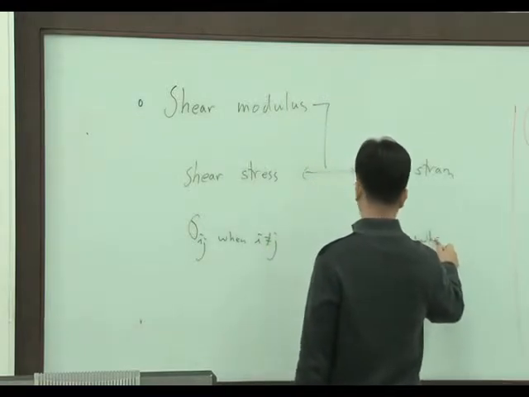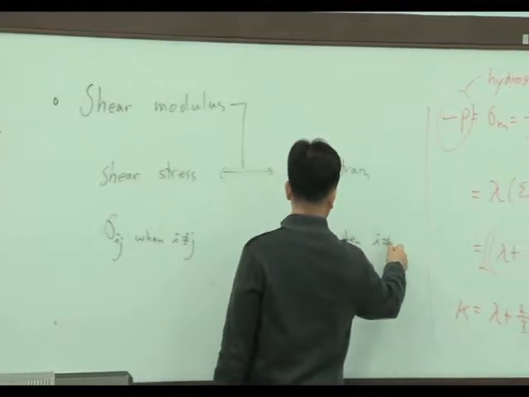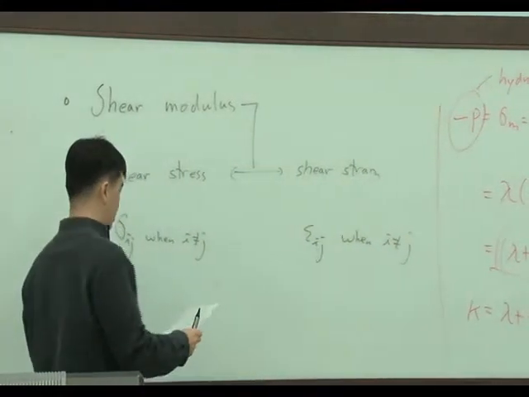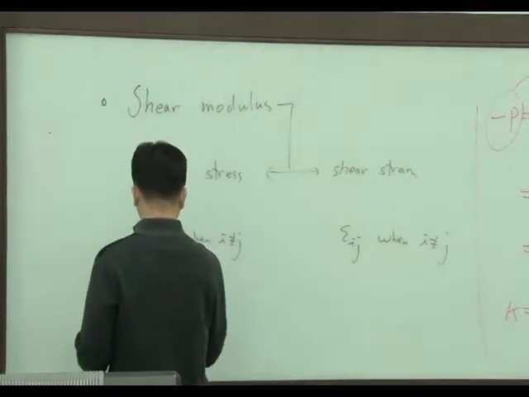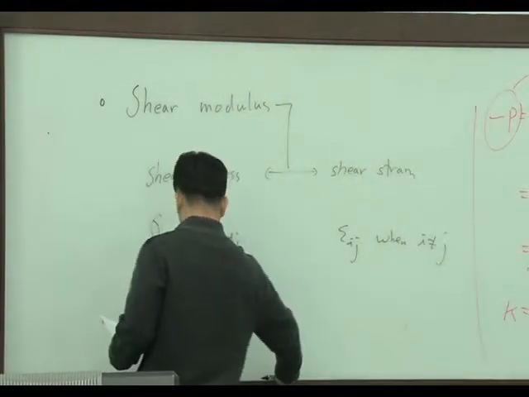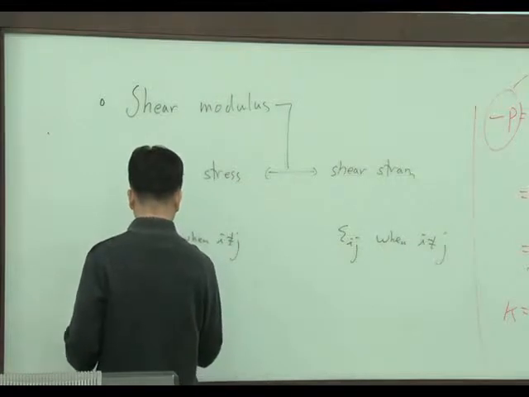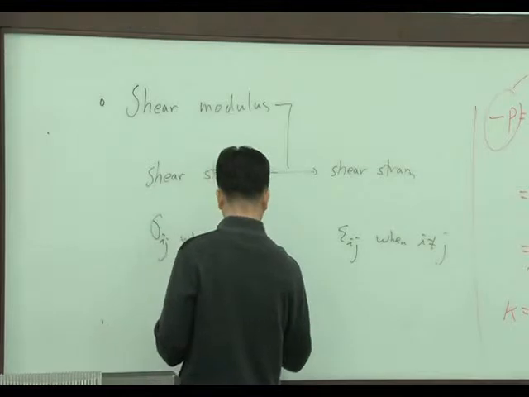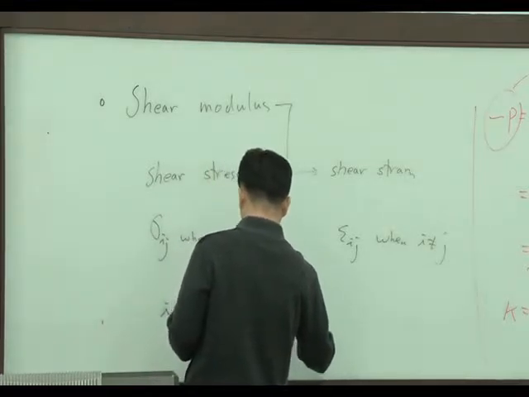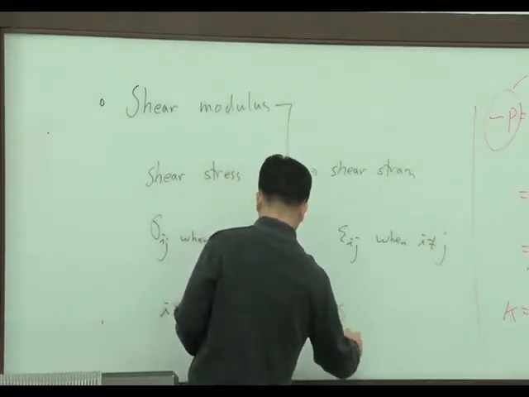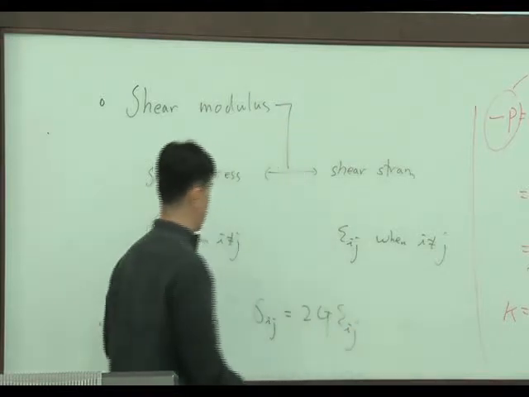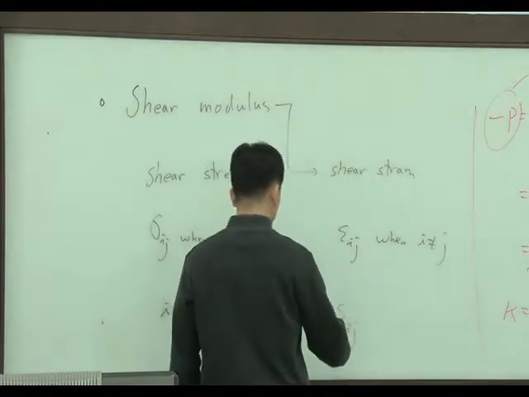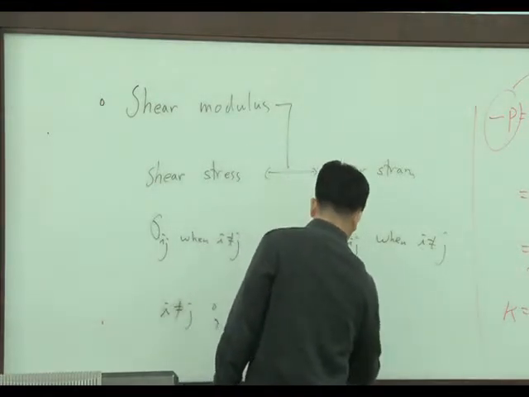Shear strain is the same, when i and j are different. So from the material law, when i and j are different, stress ij is 2G e ij. Right? You remember? So we are saying G is the shear modulus.